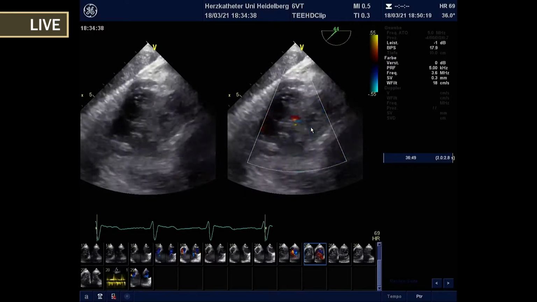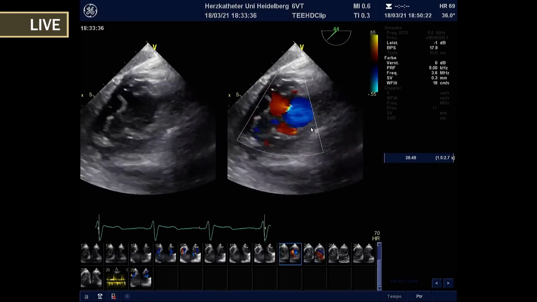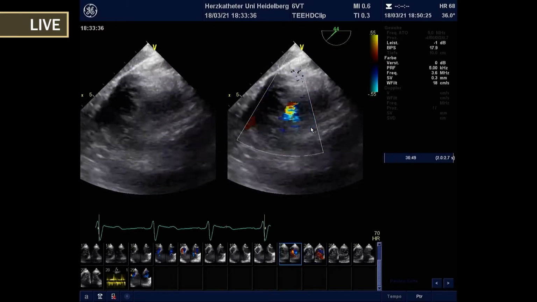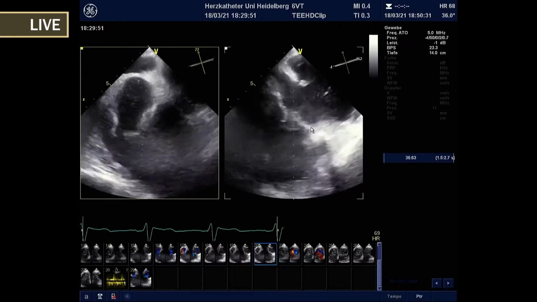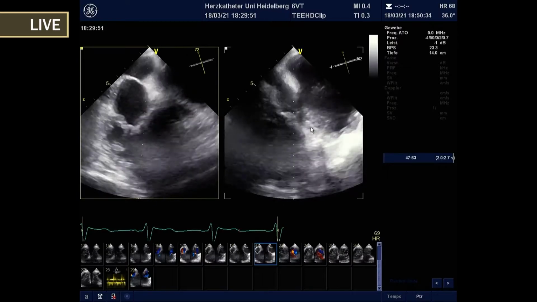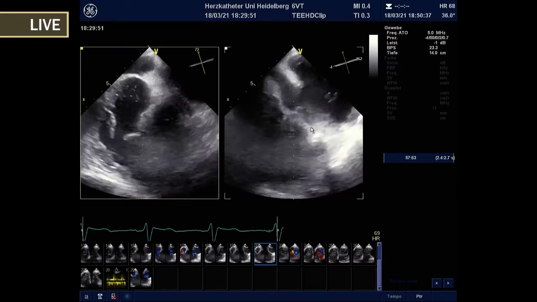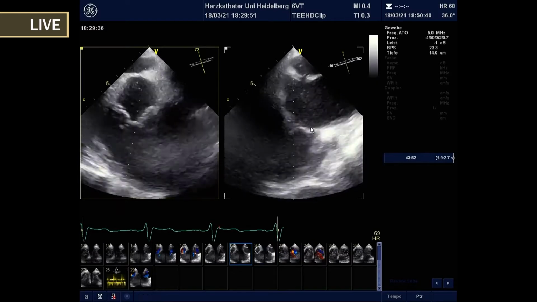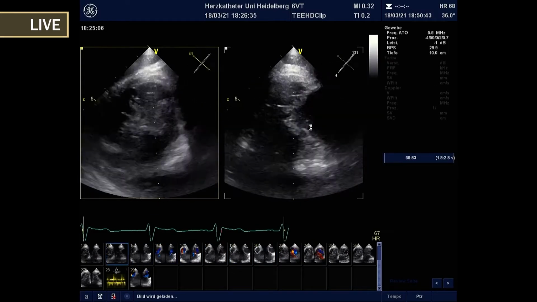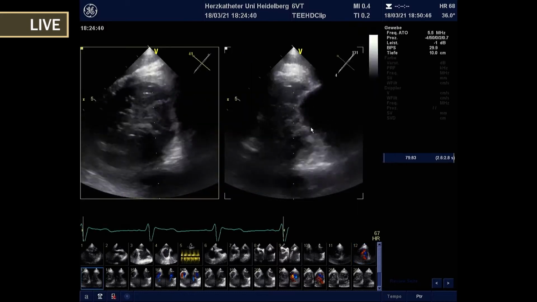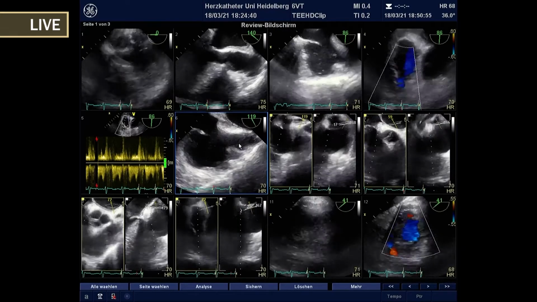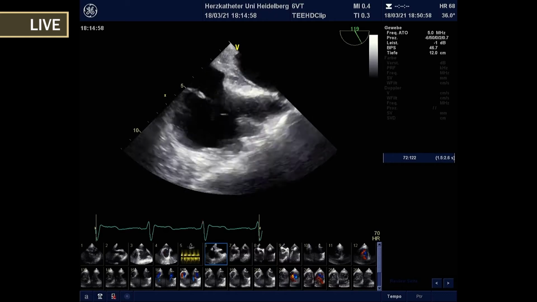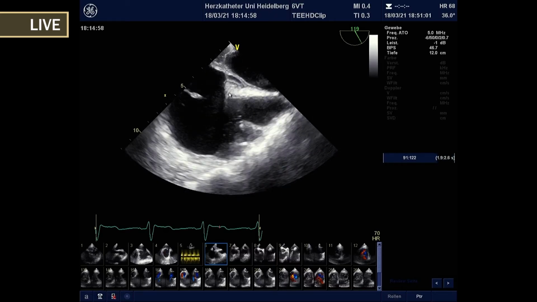In addition to that, we have a good visualization regarding the inflow-outflow view from a deep esophageal view. And as you can also see here pretty well, we have enlarged scallops and, in addition to that, let me show you this real quick, a really prominent eustachian valve, which is rather rigid and around 2 centimeters in length.